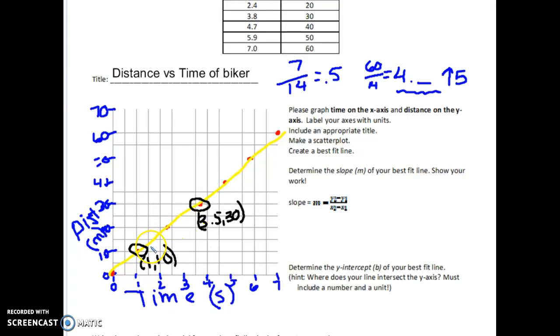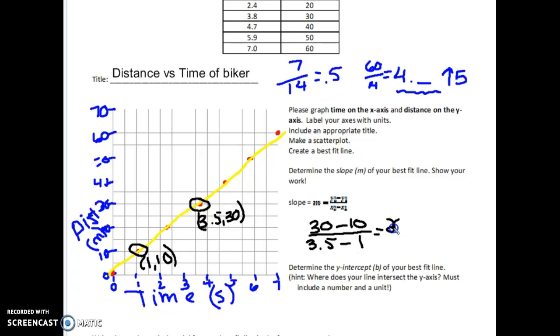So this would be my x1, this would be my y1, this would be my x2, and this would be my y2. So what is it going to look like in terms of calculating the slope? Well, my y2 value I just said was 30. My y1 value I said was 10. My x2 value I said was 3.5. My x1 value I said was 1.